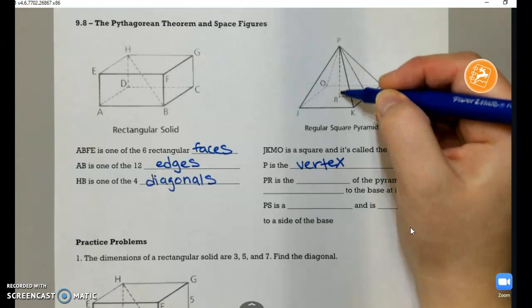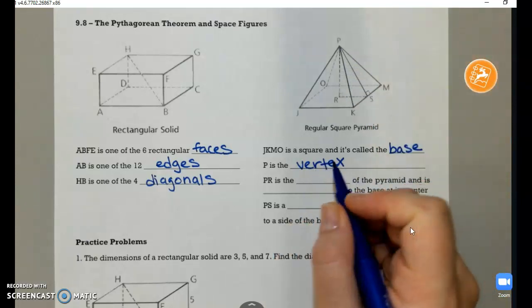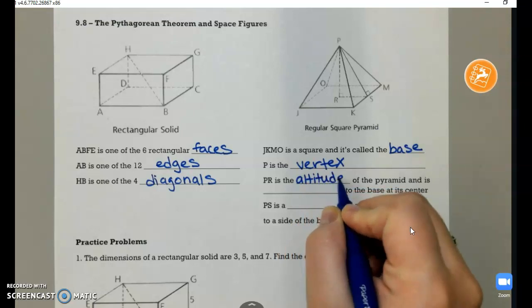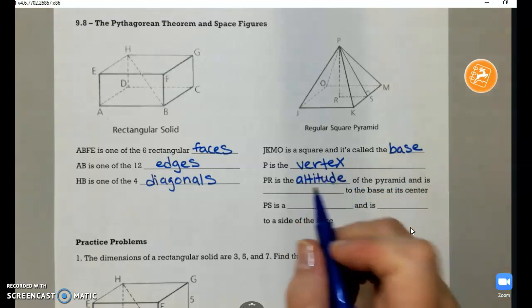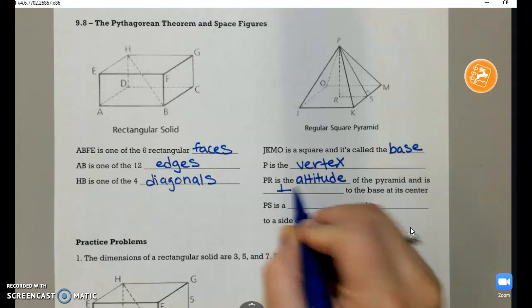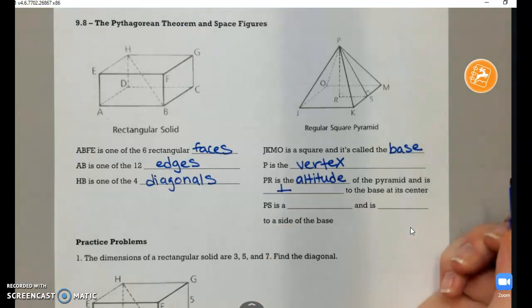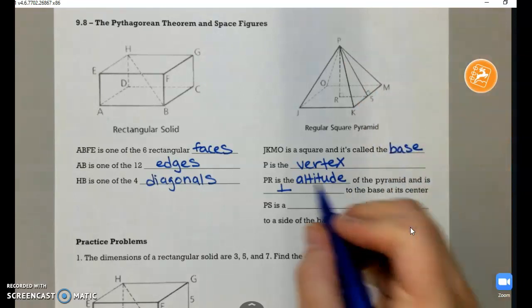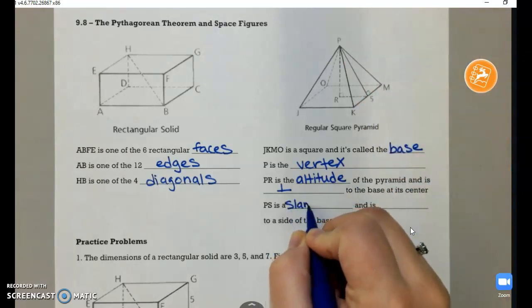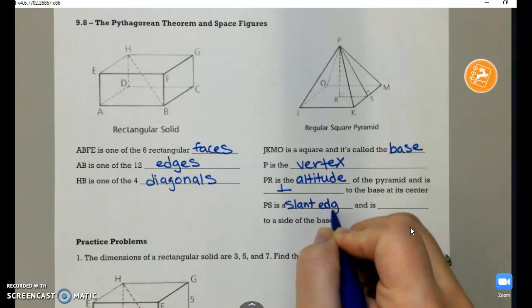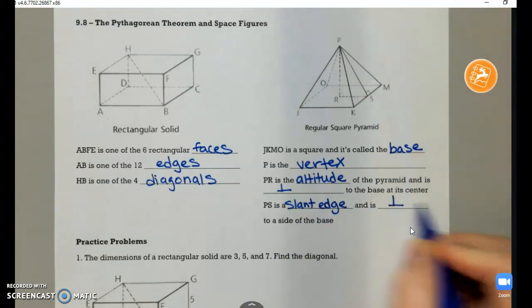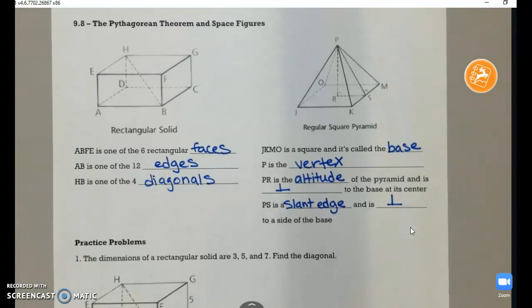PR, going from the vertex to the base, is the altitude, and it is perpendicular to the base because remember an altitude is perpendicular by definition. PS is a slant edge, and it is also perpendicular to the side of the base. Okay, so that's just a little bit of vocabulary there for you.